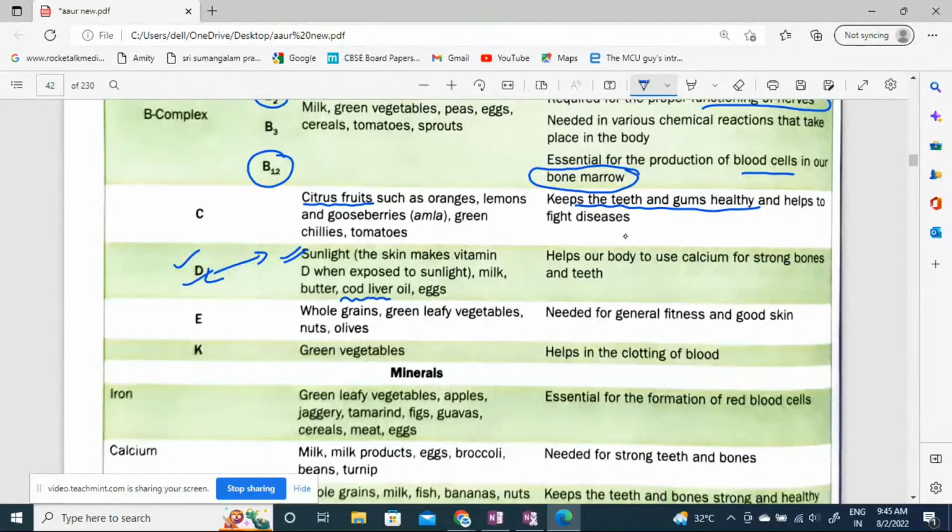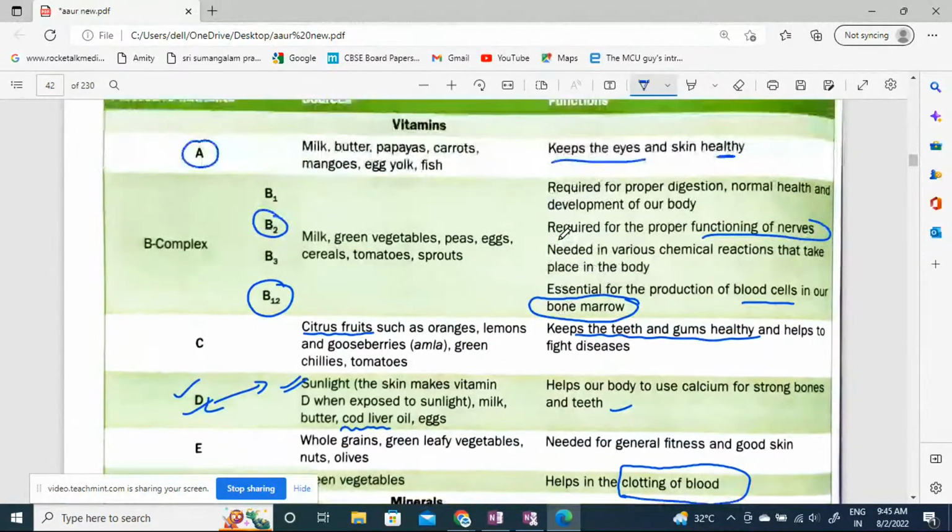It helps our body to use calcium for strong bones and teeth. Now vitamin K is needed for clotting of the blood. So these are the important vitamins and important points which you have to keep in mind. There are a lot of questions.